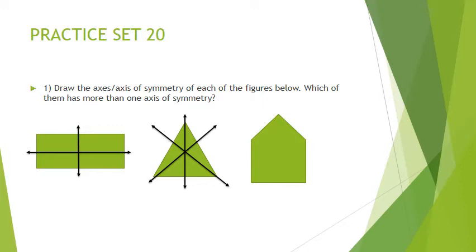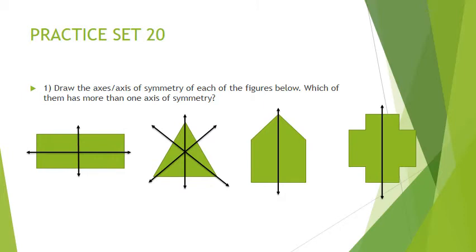Here, the other figure has one axis of symmetry. The other figure has 1, 2, 3, 4 axes of symmetry.